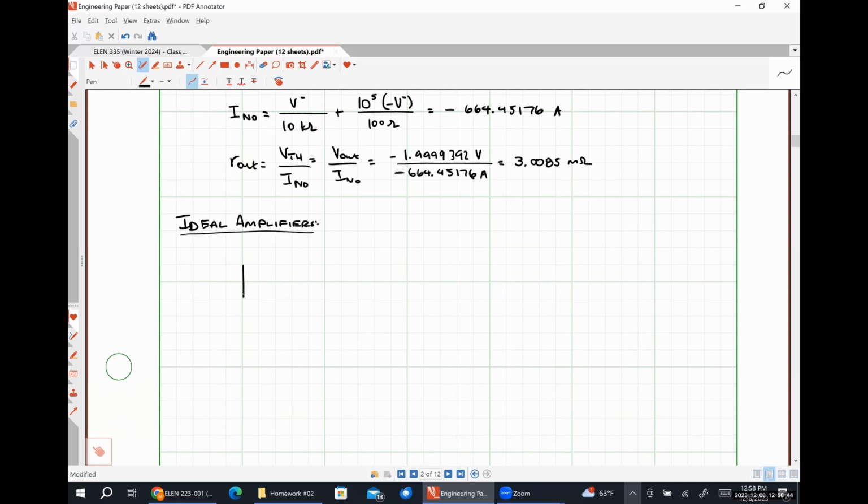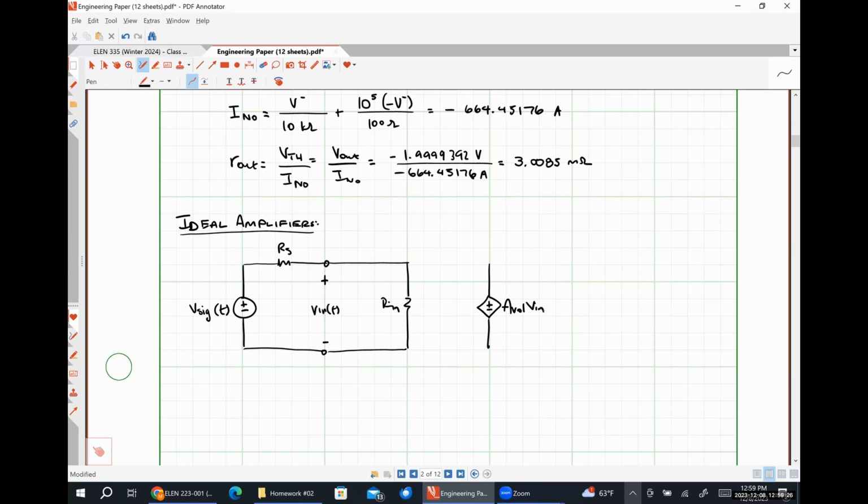On our first real lecture in this class, I drew a circuit similar to this. There we go, there's V out.